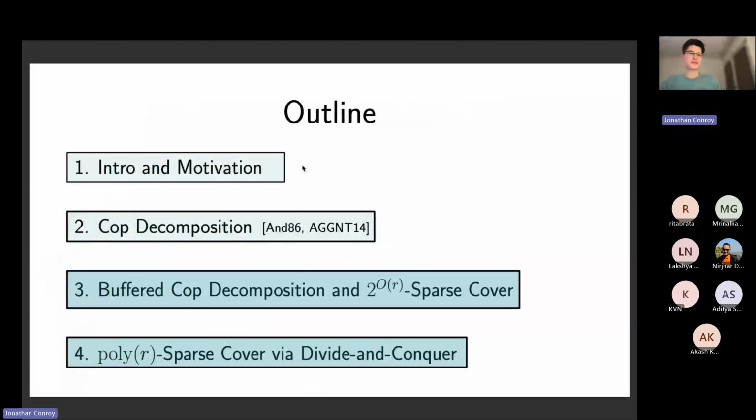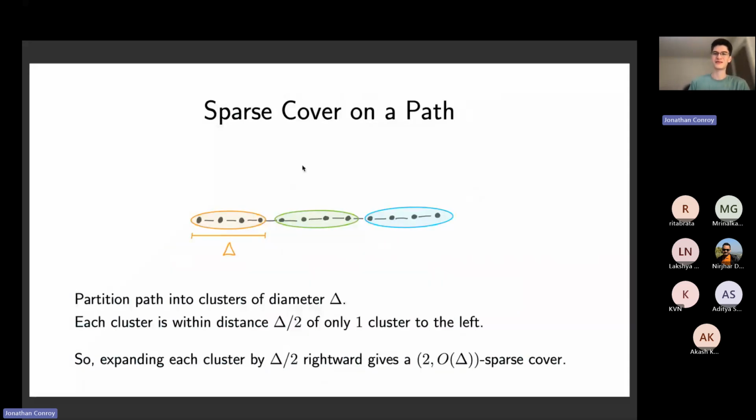Good. So let me now talk about the buffer property and how we're going to use this to construct. First, I'll talk about this 2 to the R sparsity bound for sparse cover. Maybe let me introduce this notion of threatener in the context of 2 very simple graphs. If we want to construct a sparse cover in a path, like we said before, what you can do is partition the path into clusters of diameter delta, and every cluster is within distance, let's say delta by 2, of only one cluster to the left of it.